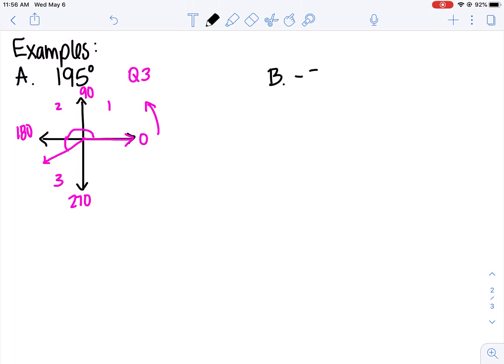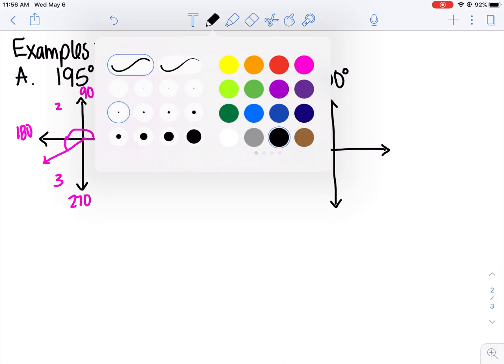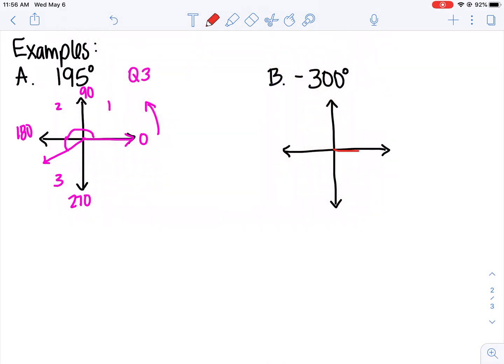And here we're going to look at negative 300 degrees. So drawing our coordinate plane over and over and over again. And drawing our initial side and then labeling. Now remember, we're going negative, so we're going this way.